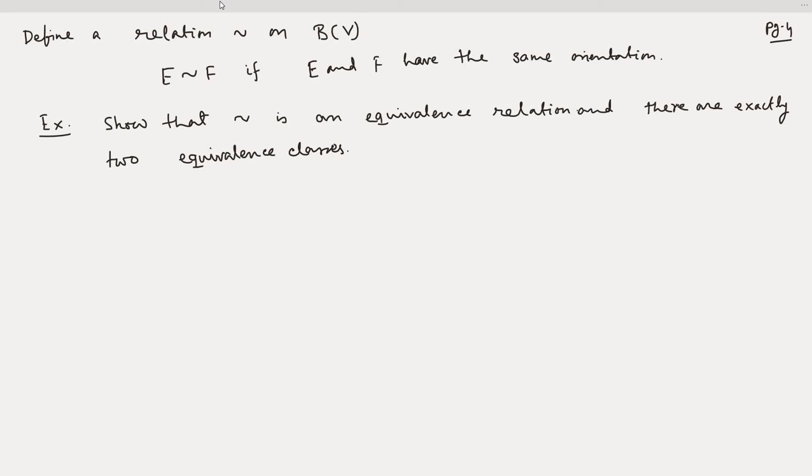So now let O1 and O2 be the equivalence classes of the equivalence relation SIM.